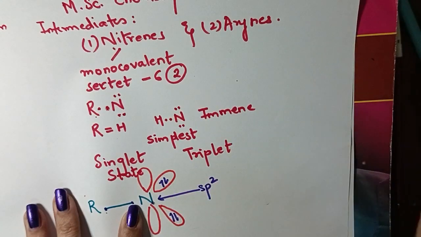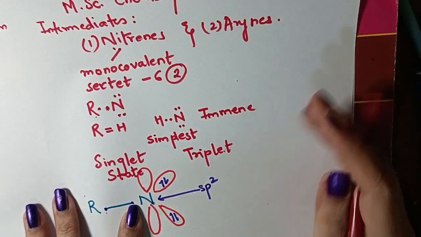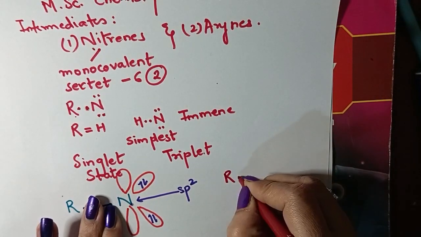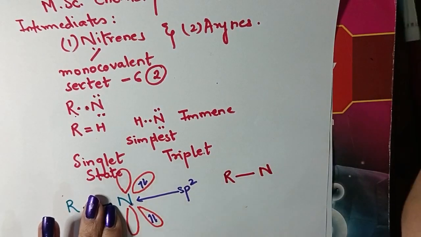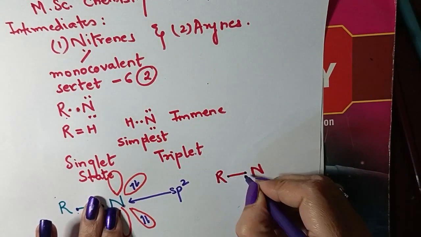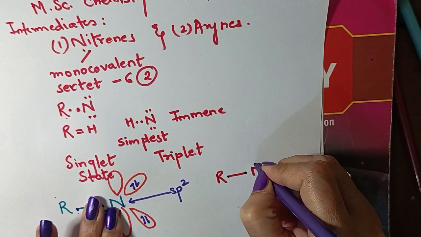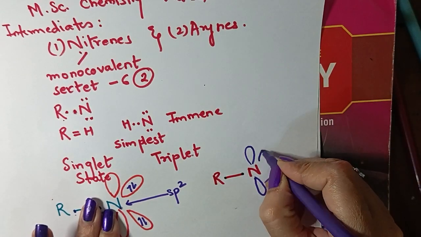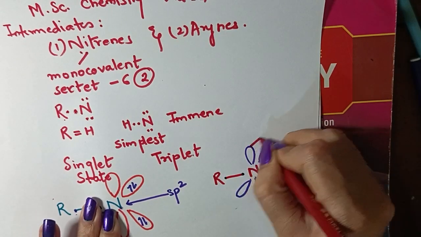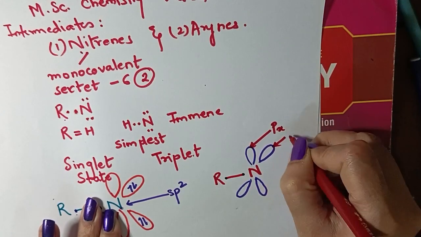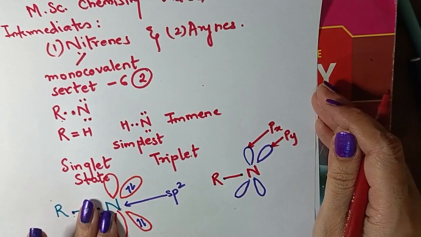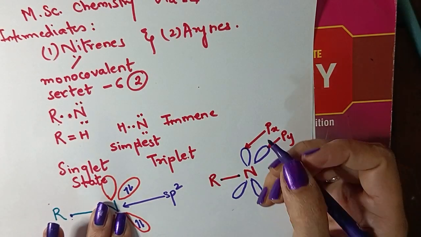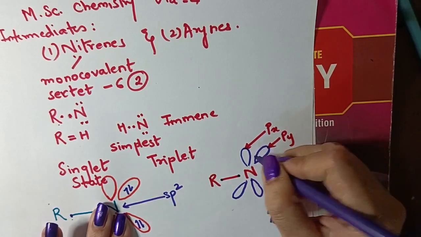Now, same way, I'll draw the triplet state. In the triplet state also, we have the nitrene, 1 covalent bond, you can see this, and the p orbitals. 2 of the p orbitals, let us assume it to be px and py, or py and pz, these 2 p orbitals contain an unpaired electron each.